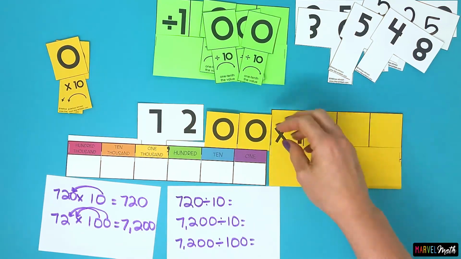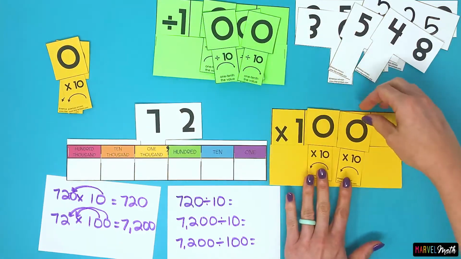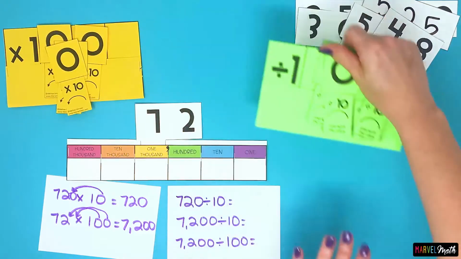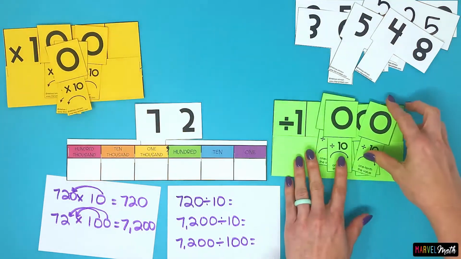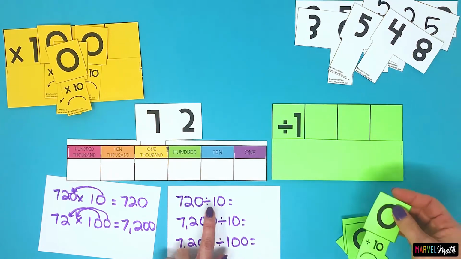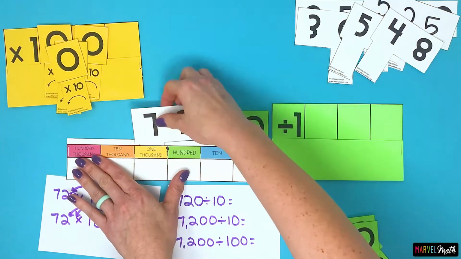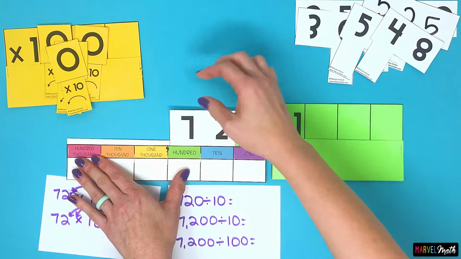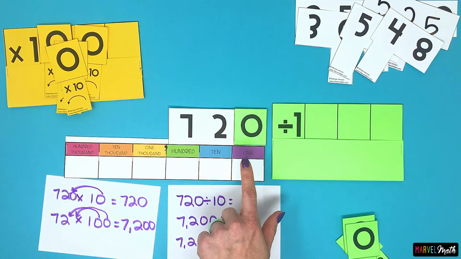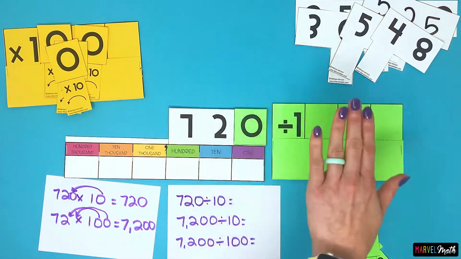I like to keep everything color-coded because I think it's really helpful for students thinking about multiplication and division. Those are inverse operations, so I like to use 2 different colors to separate them. So if I'm going to do 720 divided by 10, I need to build 720. And instead of putting zeros in like I did with multiplication, with division, we're moving zeros out.